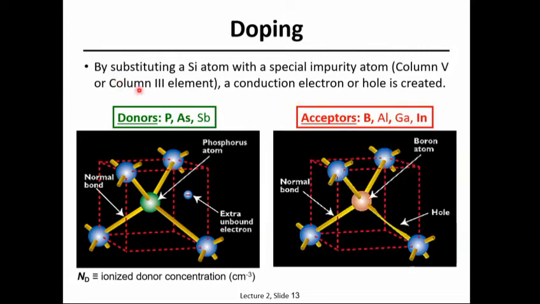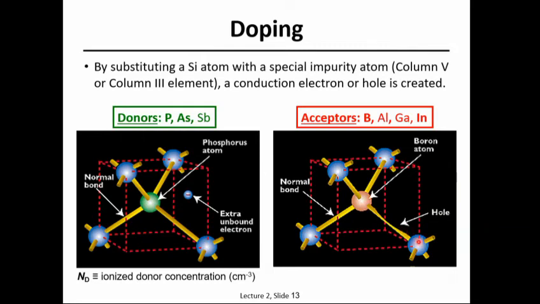For the acceptor, we said it comes from column 3 in the chemical table, which is a boron atom, aluminum, gallium, indium. So in all these from column 3, it has a vacancy that can take an electron to share with the silicon atom, with the lattice.